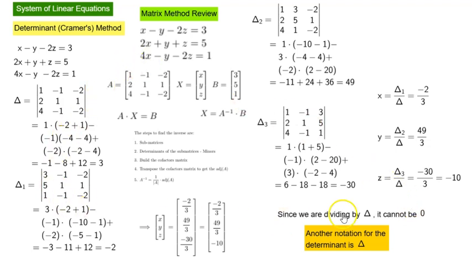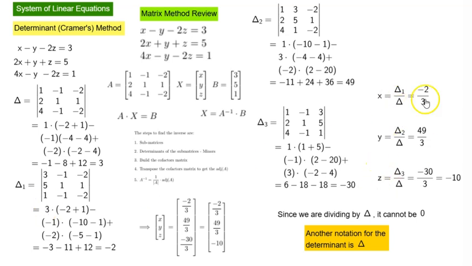So that is the Cramer's method, which actually makes it very easy to solve the system of equations compared to the matrix method. Matrix method, major part of the effort goes into figuring out the A inverse itself with so many steps.